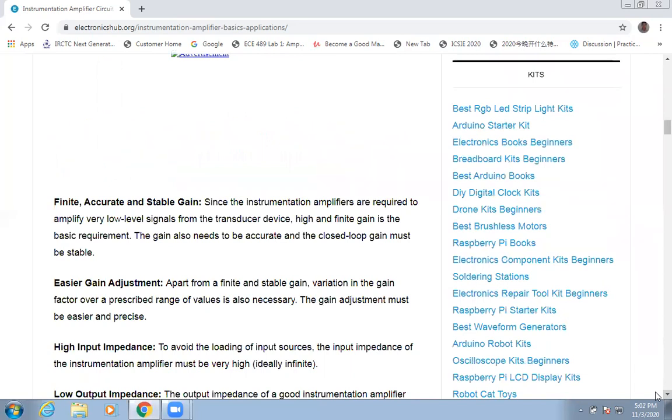Number one, it must have finite, accurate, and stable gain. Since instrumentational amplifiers are required to amplify low-level signals from the transducer device, high and finite gain is the basic requirement. The gain also needs to be accurate and closed loop gain must be stable.